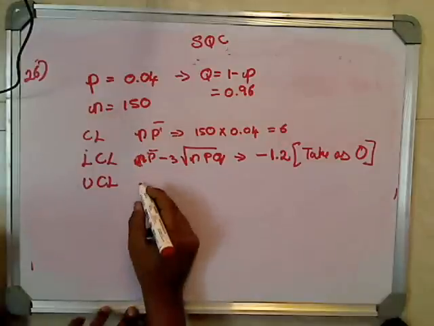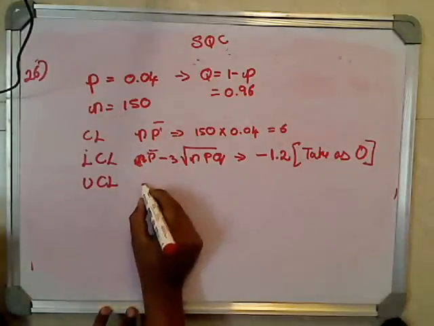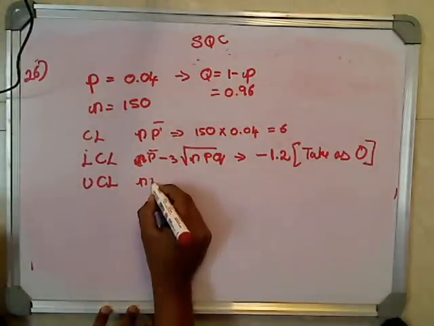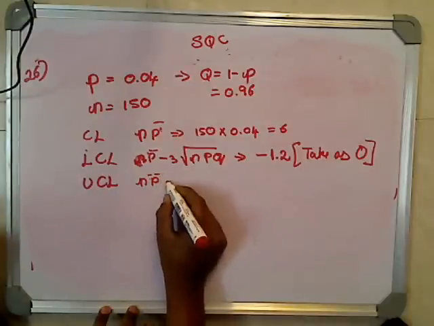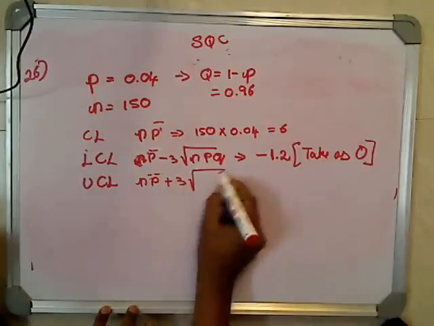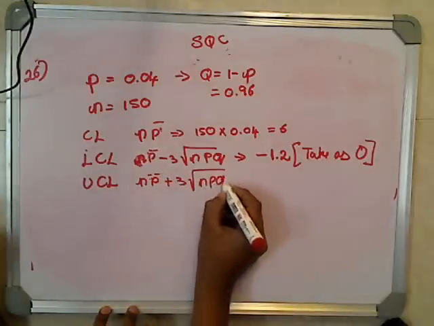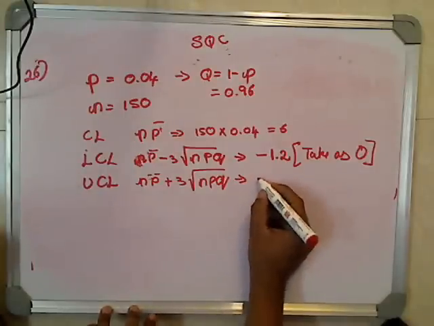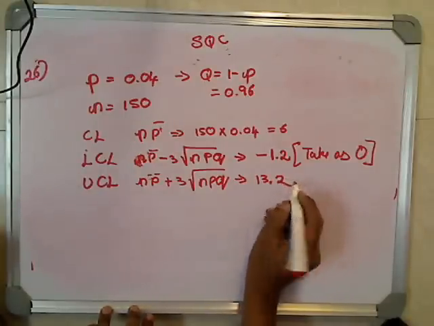The next thing that you do would be to take up the upper control limit, which is NP plus 3 square root NPQ. This should give you the value 13.2.